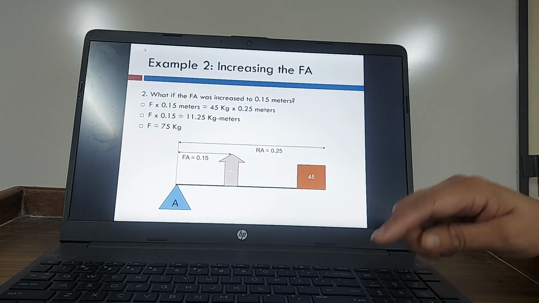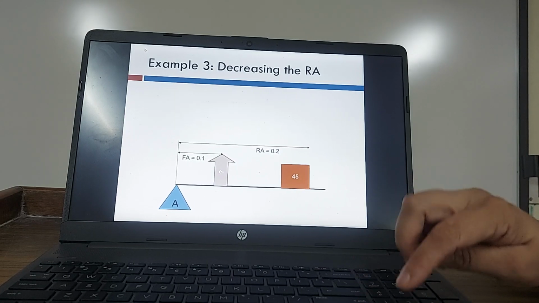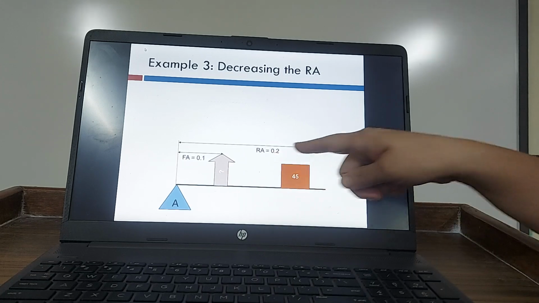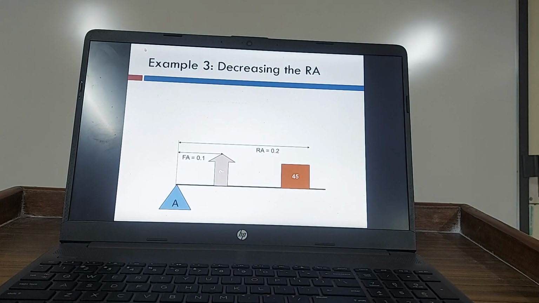Yes. Now if you go and calculate another thing, I have now decreased the RA from 0.25 to only 0.2. Now can you calculate how much Newton of force is required?